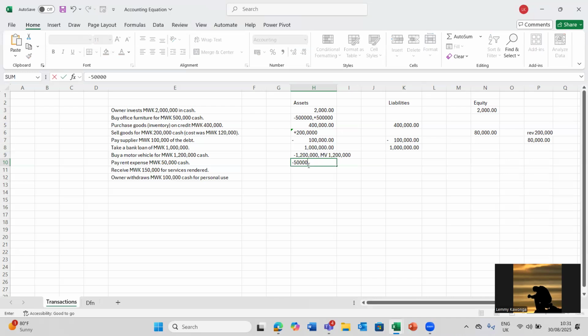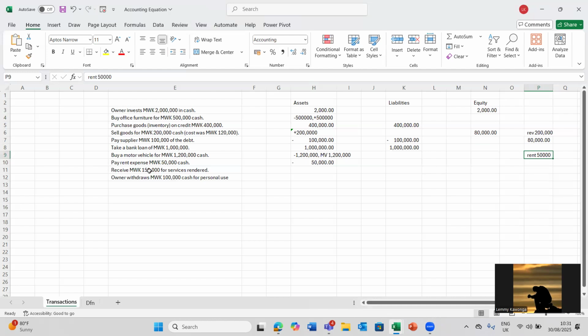By 50,000. And then we will debit what? We will debit rent by how much? By 50,000.